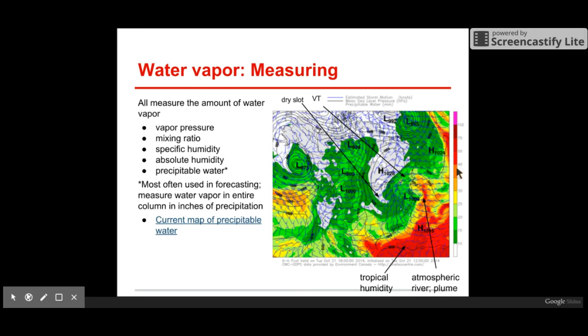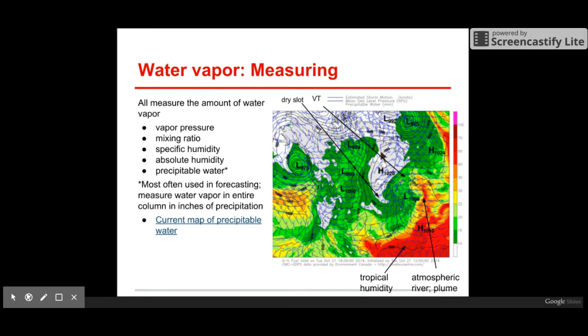So you'll notice areas in red measure about 50 millimeters of precipitable water. 50 millimeters represents approximately 2 inches of potential precipitation. And you'll note that the tropical air mass here in red gives you a very large 2-inch potential for precipitation.